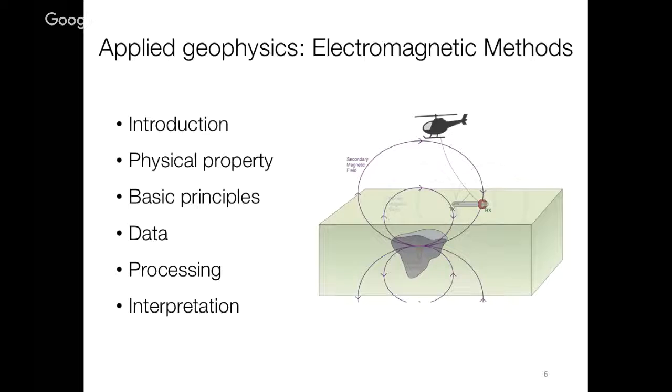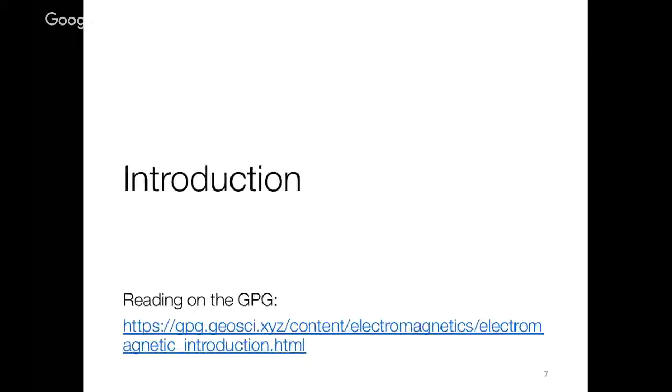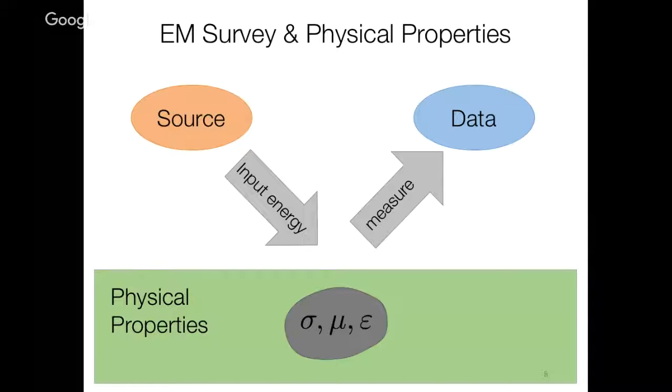This transmitter is putting out a time-varying magnetic field, which is going to induce currents into conductors, and those currents are going to give rise to magnetic fields that are going to be at this receiver. So that is basically the idea of what we're going to look at.